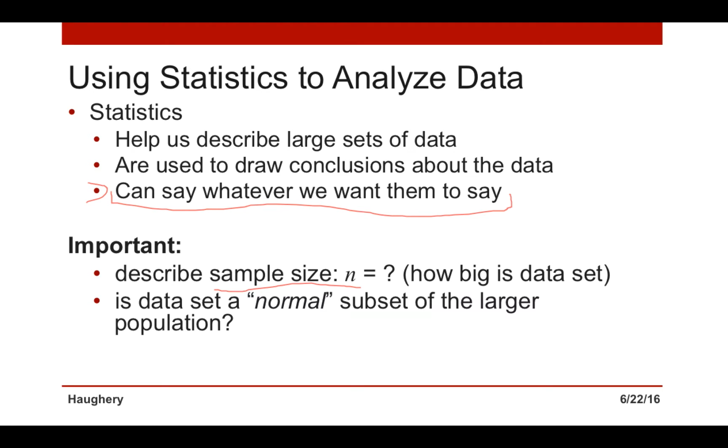So we can't measure all of them, but we can measure a subset or a sample of the larger population. But we want that sample to be a normal subset. We don't want it to have outliers if we can help it. It may have outliers, but we want to try and get our measurements to be a normal subset of the larger population. That'll help our statistics be more accurate.